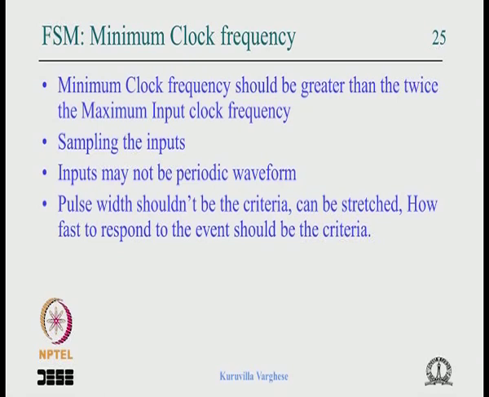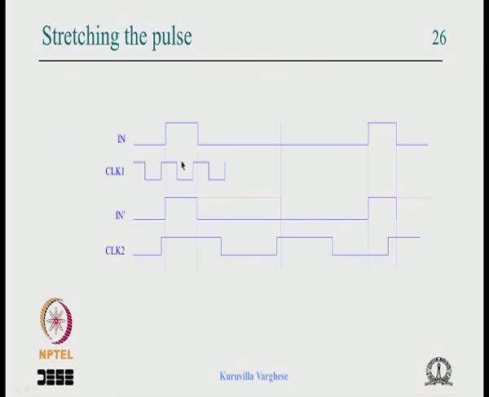And the game is that I will show a picture. Suppose this is the input, say the pulse width is 10 nanoseconds. Assume that it is 10 nanoseconds. Suppose the next pulse comes after 1 microsecond.